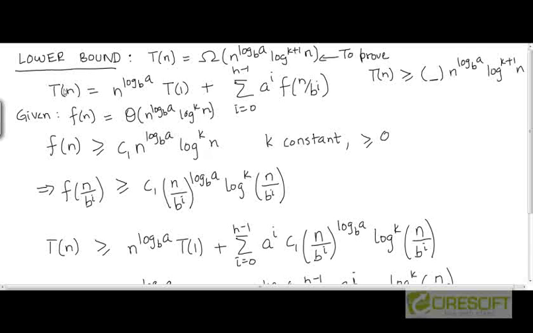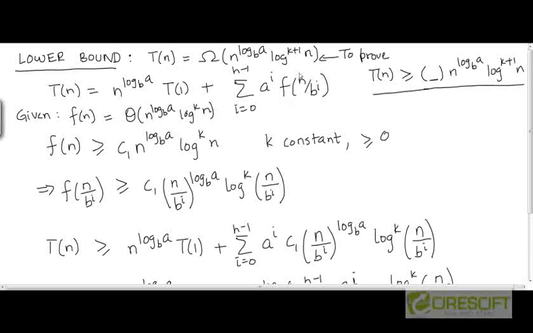Since we are trying to achieve this as our end goal, if we start from T of n being equal to this expression, we'll need to do the reverse of what we did in the previous proof when we proved an upper bound on T of n.